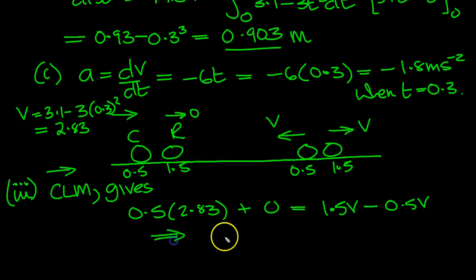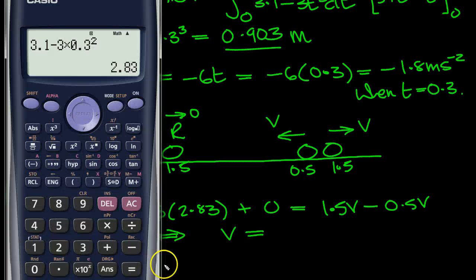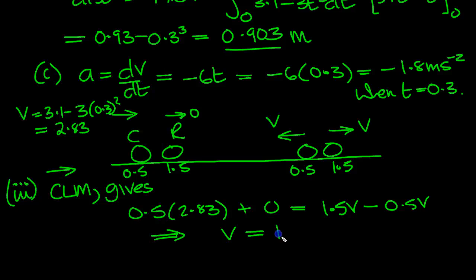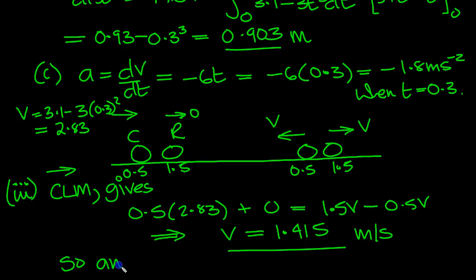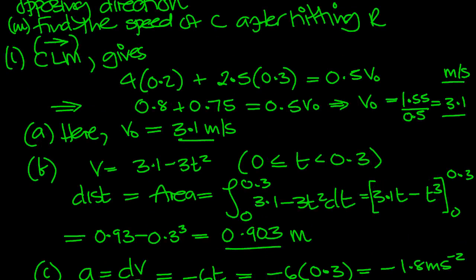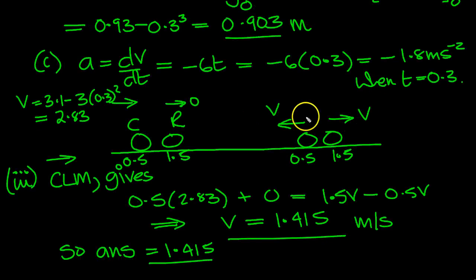So that tells us what v is, which is 0.5 times 2.83, which is 1.415 meters per second, and that's the speed v. So the answer is 1.415. That's the speed of the particle in question. If we look back up, find the speed of C after hitting R. The speed of C will be this, in meters per second.